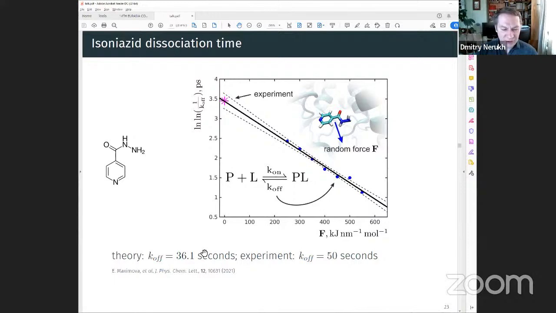And we have found a pretty much numerically exact match. We obtained the value of 36 seconds, where the experimental value is 50 seconds. And I remind you that in simulations, we are talking about picoseconds and nanoseconds, which is 10 orders of magnitude smaller than the experimental value. And despite that, we have achieved a very good match.